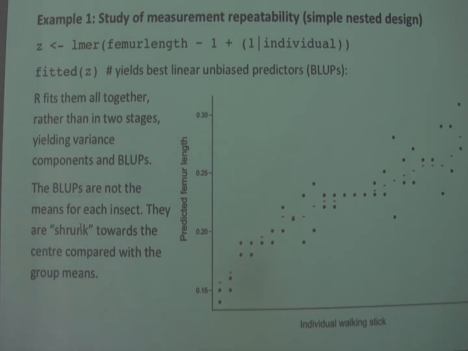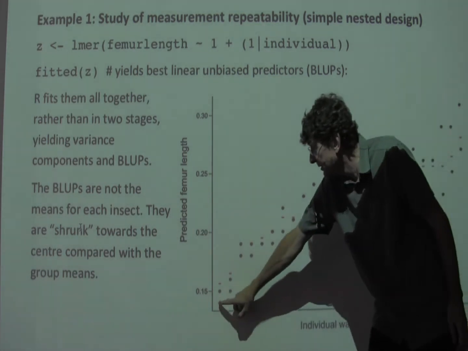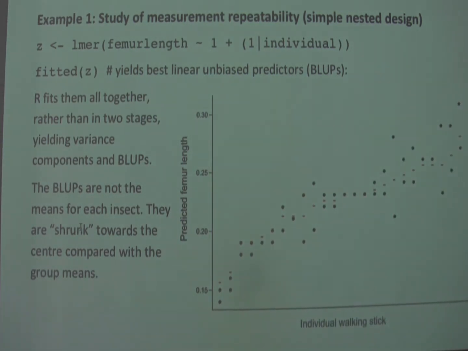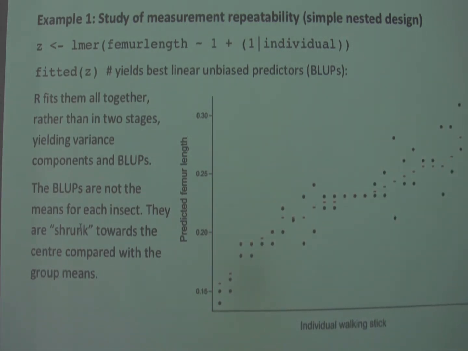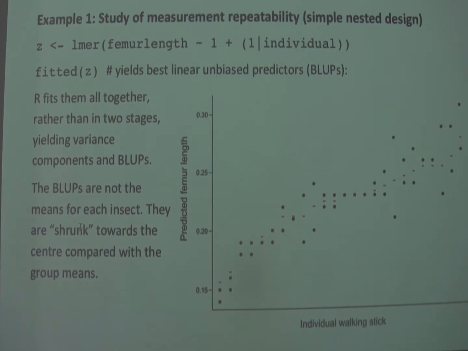Now you might think that the fitted value for every individual is simply the average of the two measurements. But that would include variation among individuals and some measurement error itself. And so R basically assumes that there's a regression to the mean effect built into these repeat measurements.